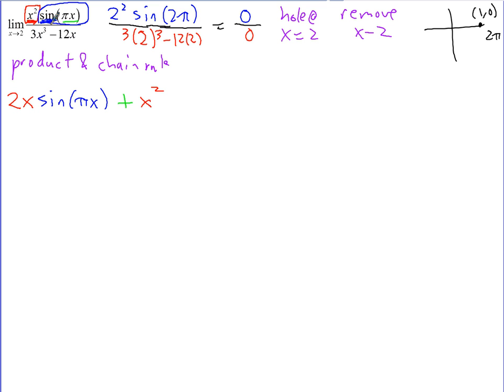That's where we're using the chain rule. So the derivative of sine on the outside is cosine. Pi x stays inside there. And then the derivative of pi x, using the chain rule, you have to multiply by that, is just pi, just like the derivative of 3x would be 3.